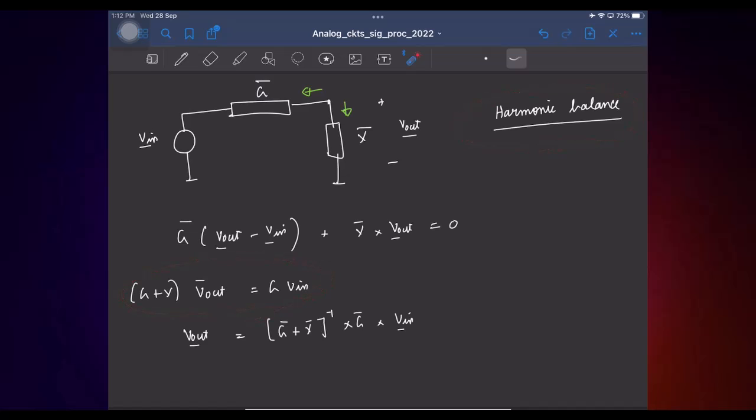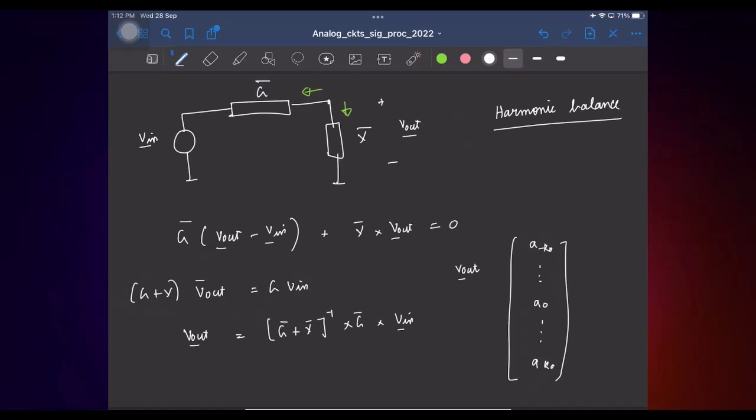It finds the conductance and admittance matrices for the components in your network. Depending on the analysis you have chosen, it will form the V in vector. And then it will assume that V out is also a vector, say A minus K naught, A0 to A K naught. It will try to find the values of all these unknowns so that the strengths of the harmonics are balanced on both the sides.